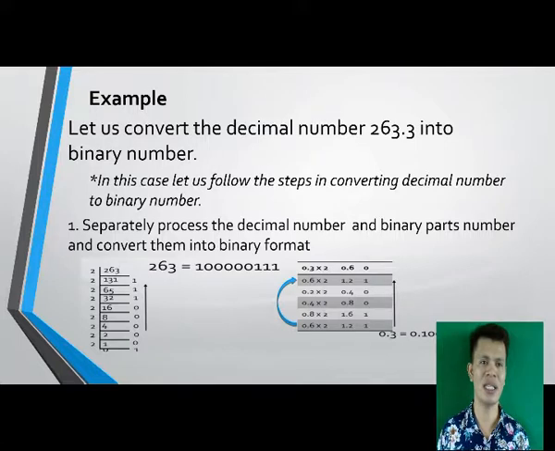Let us convert the decimal number 263.3 into binary. In this case, let us follow the steps. First, separate the decimal number into its integer and fractional parts, and convert them into binary format. So we convert 263 into binary form, and it shows the result. We also convert 0.3 into binary, and it shows the result also.